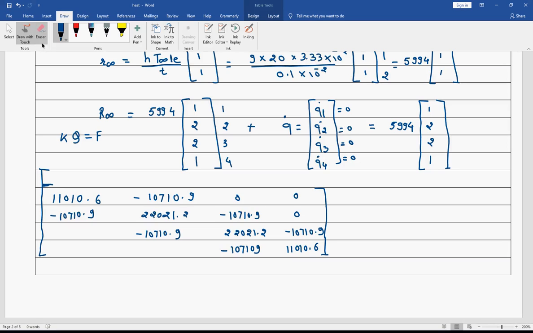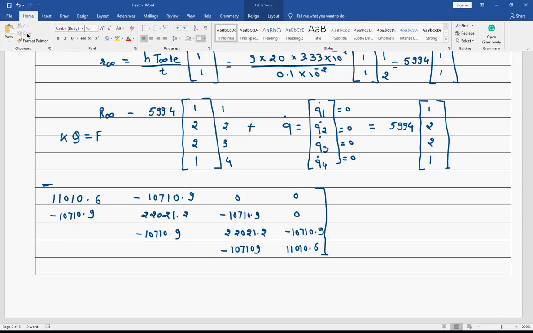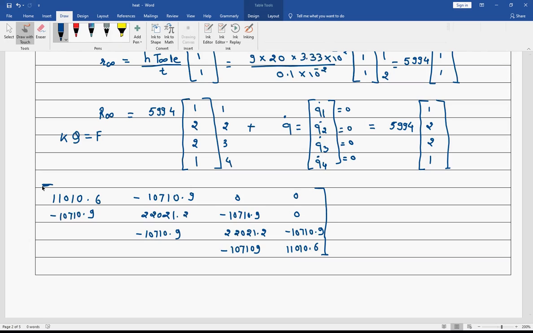Okay, I'll erase this portion. These two terms are 0, and the temperature. So T1 is given as 235 degrees Celsius, T2 is unknown, T3 is unknown, and T4 is unknown. That is equal to my F. So 5994.